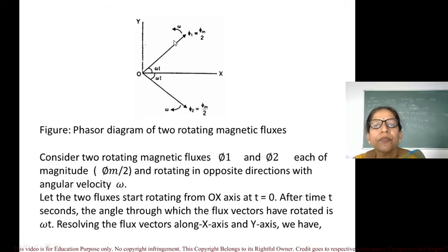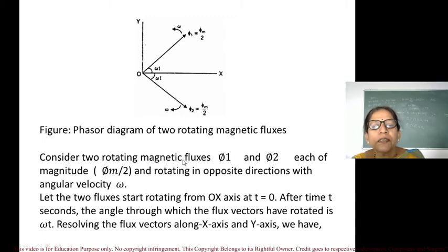We have shown two fluxes, phi 1, or we can say it as a forward flux which value is phi m by 2, then phi 2, that is reverse flux whose value is again phi m by 2. At the instant t, phase angle is omega t. So we have stated that total flux is phi 1 plus phi 2.